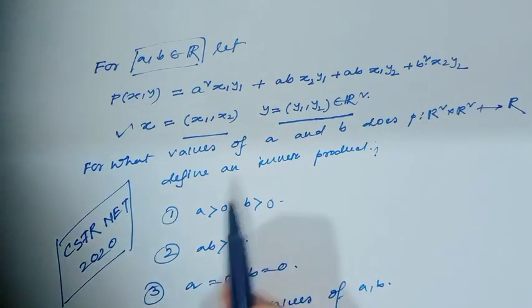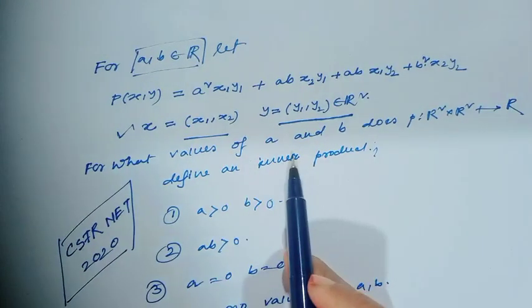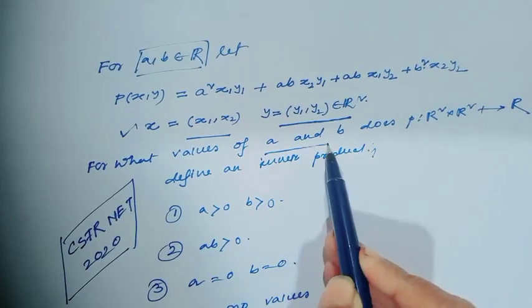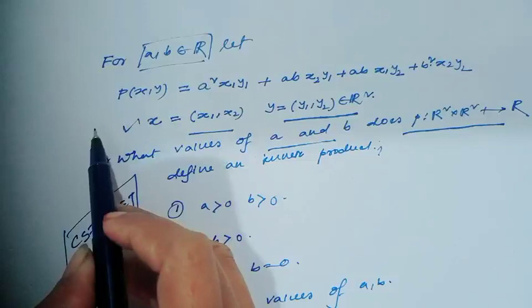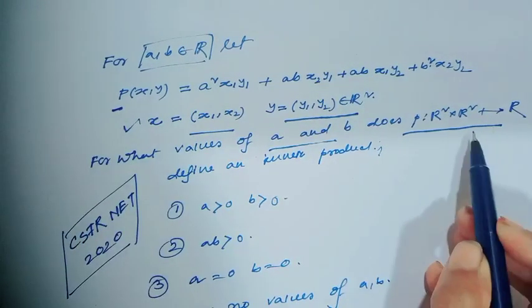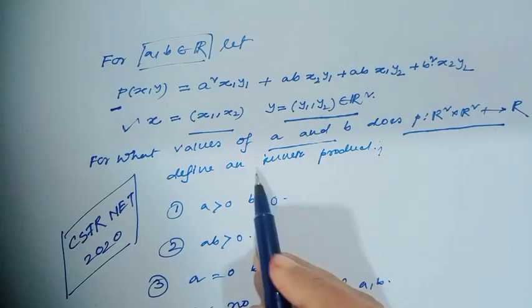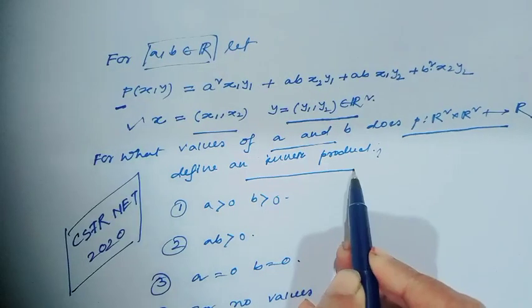Here the question is, for what values of a and b does the function, denoted as P from R2 cross R2 to R, define an inner product?